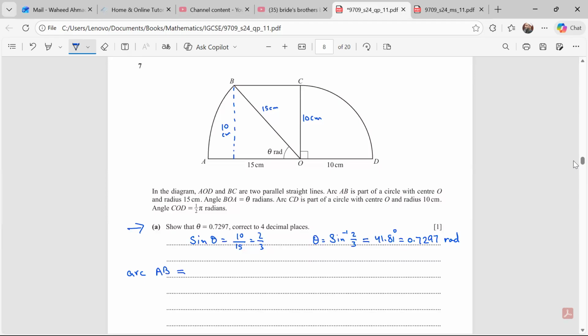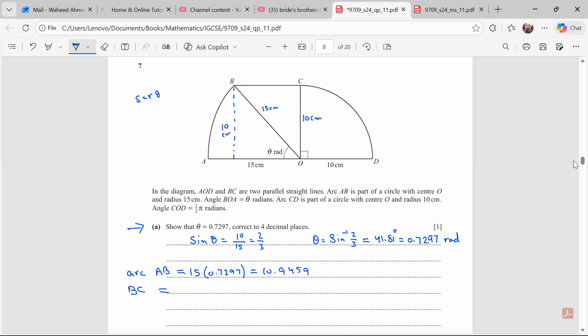Remember, if you want to find the arc length, S equals r theta. This is the formula for it. Here the radius is 15 centimeters and theta is 0.7297 radians. So this comes out to be 10.9459. Then the length BC.